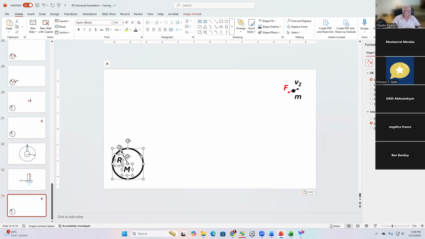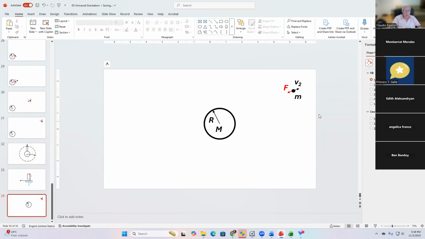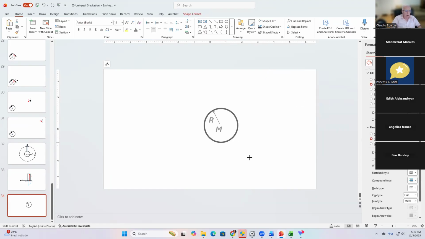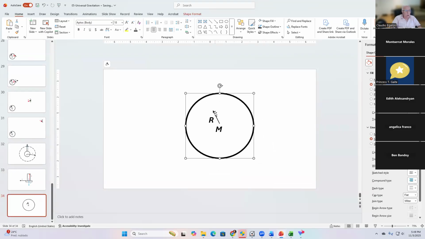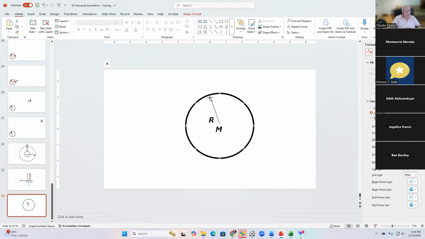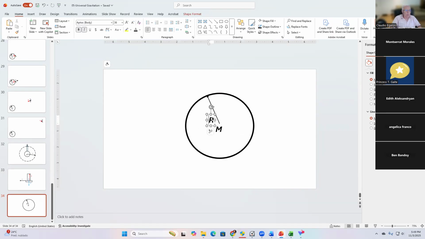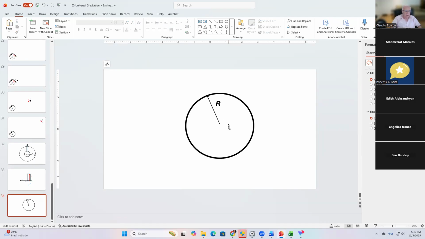Something that we have done in the past, but we didn't quite generate artificial gravity. Consider, for instance, a cylindrical structure in space that is rotating. You don't need to know the mass.